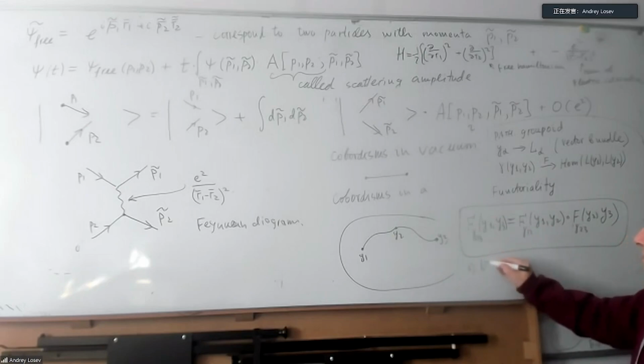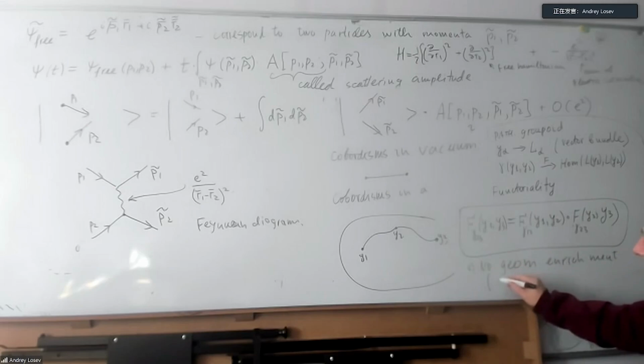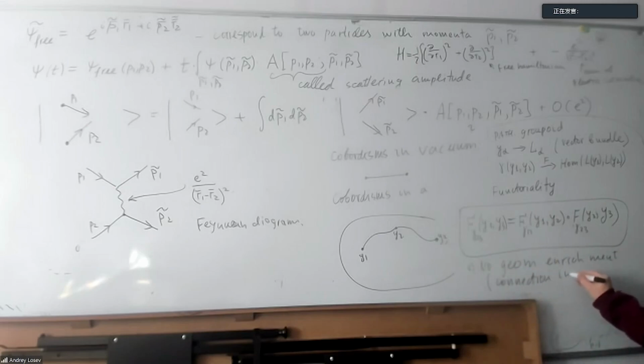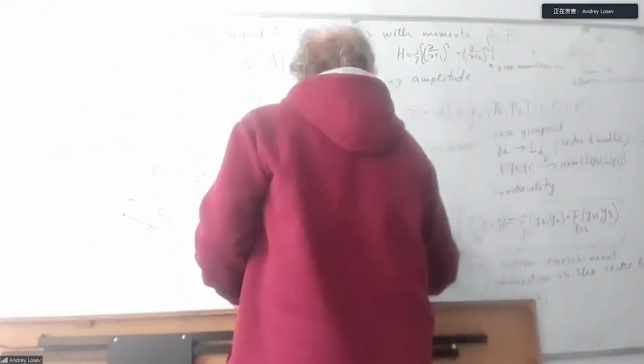First case, no geometrical enrichment. So in this case, it is nothing but connection in the vector bundle. However, you may consider also case where there is geometrical enrichment.